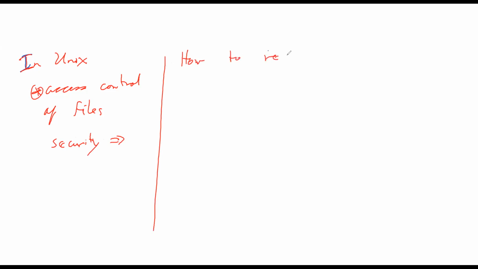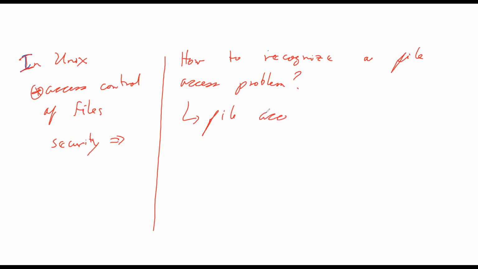So how to recognize a file access problem. Okay, so that's the idea. Because everything is a file and because of access control, file access problems in Unix are very common.